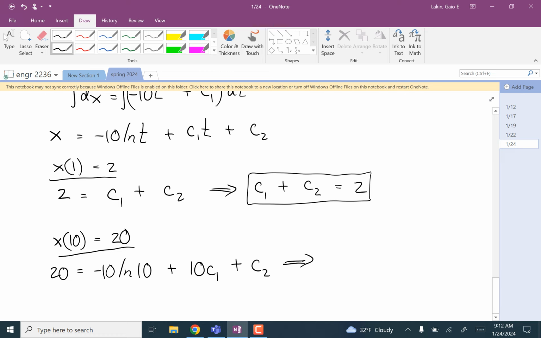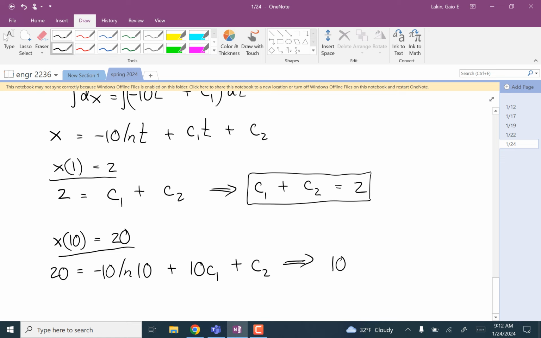Can someone give me the numerical value of 20 plus 10 natural log 10? 43.02526.